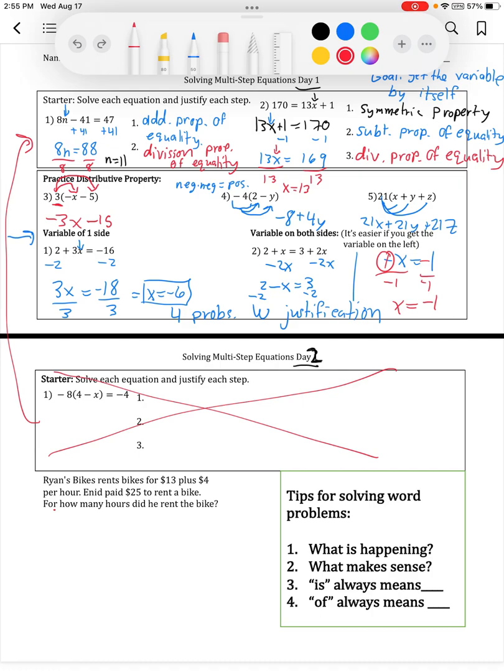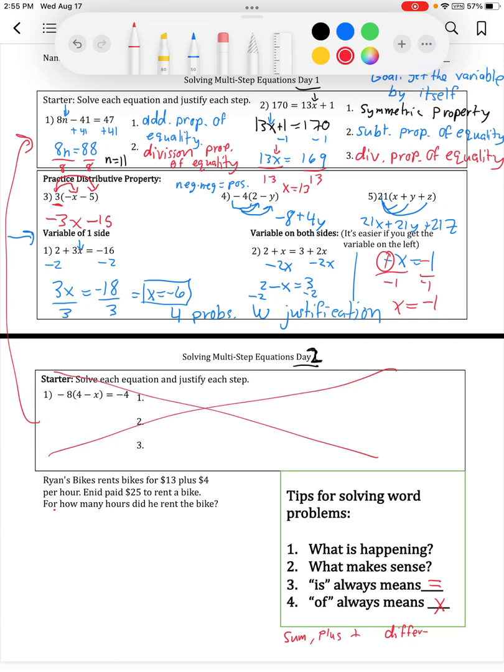Couple things to also keep in mind as you're working your way through this: "is" always means equal sign. "Of" always means multiplication. Always, always, always, always. So if you see those words in a problem, that's when you know what they mean, okay? Couple other words to keep your eye out for. Sum or plus, that's probably going to mean addition.